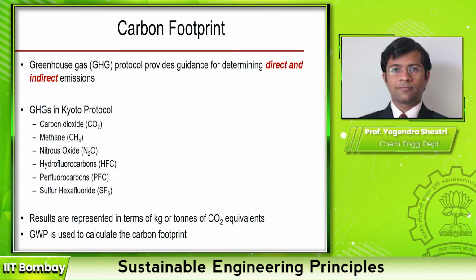And the results of a carbon footprint calculation are represented in terms of kgs or tons of CO2 equivalent. So this is the unit that was used to measure the global warming potential. So there is some similarity between global warming potential and carbon footprint.